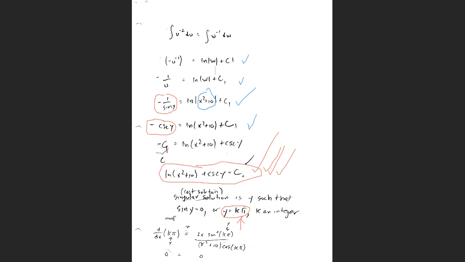That's your lost solution. And remember what happened: in this problem, when we separated the variables, we divided earlier on, and we had a sine squared of y in the denominator. Well, that's the quantity sine of y squared, right? That was in the denominator.